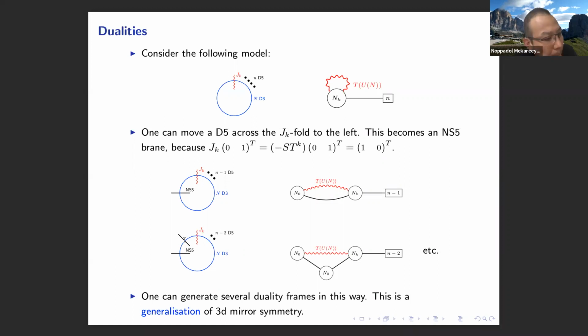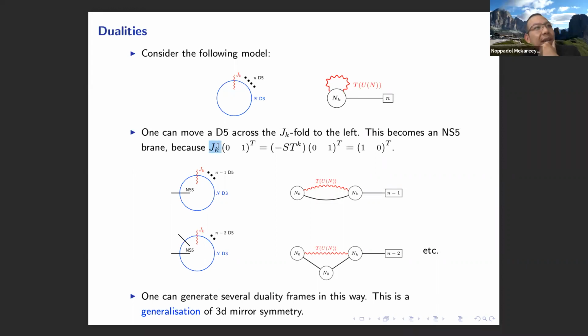It's different from an orientifold in the sense that an orientifold flips the space-time, right? It introduces a Z2 symmetry, but on space-time. In this case, it only introduces the SL2Z action when you cross it. So a D5 brane going through this wall would in general become some PQ5 brane? Exactly.